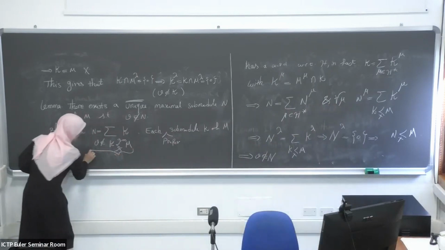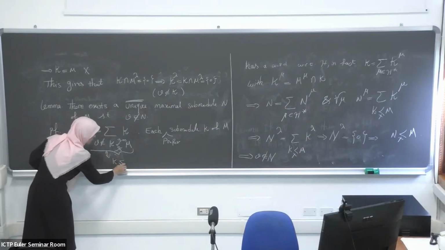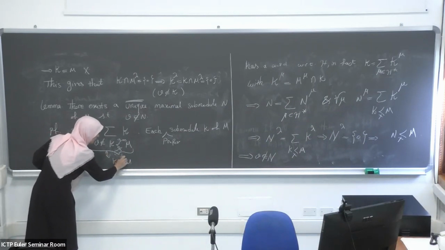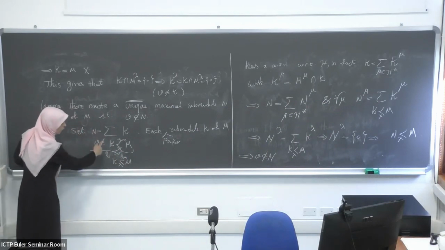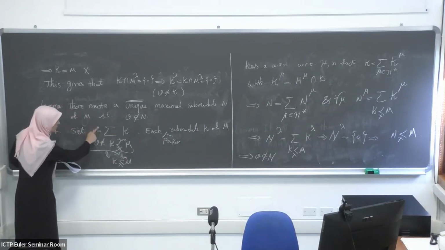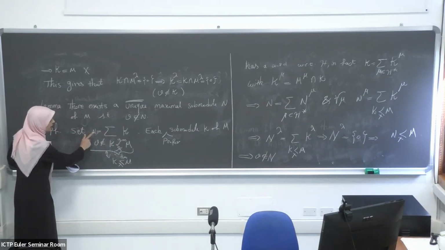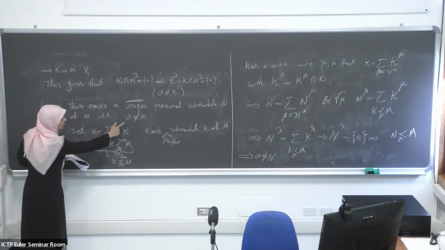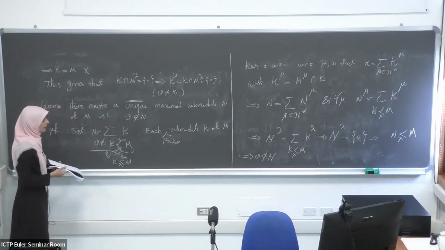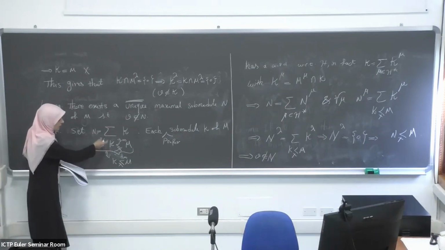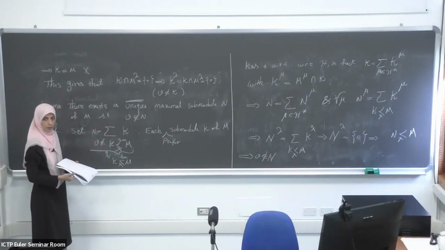It is exactly equivalent to submodules which are proper. The summation of all proper submodules is a module which is again proper, and as it is proper, V is not an element of N, and it is unique because it is the summation of all submodules.